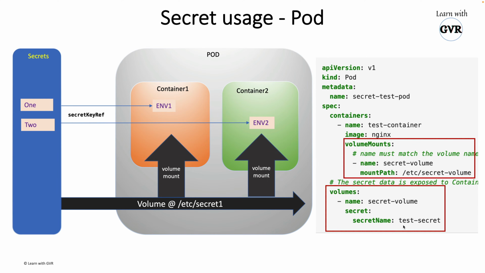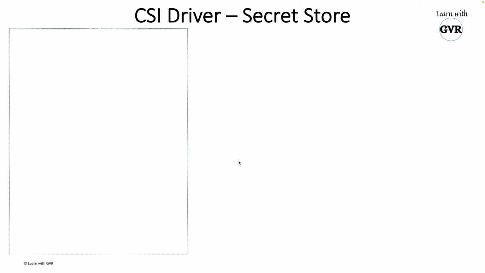How? Something like this. So in this volume, I wanted to mount a secret which is called test secret, and for mounting you can choose any path, so that this particular secret will be mounted as a volume. That's how typically in the CKA what we learn.